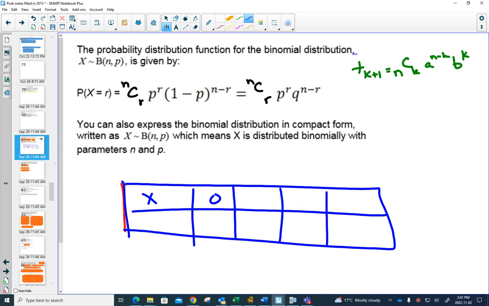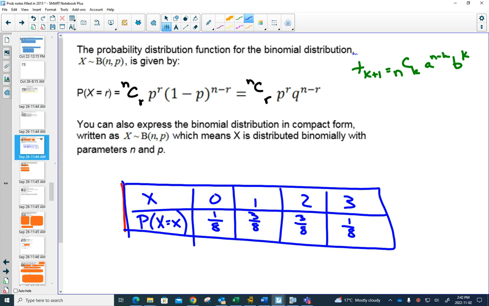Does it make sense that you could either get 0, 1, 2, or 3 heads? That's what we did before. And we figured out the probability x equals x from our tree diagram. We figured out that this was 1/8, 3/8, 3/8, and 1/8.